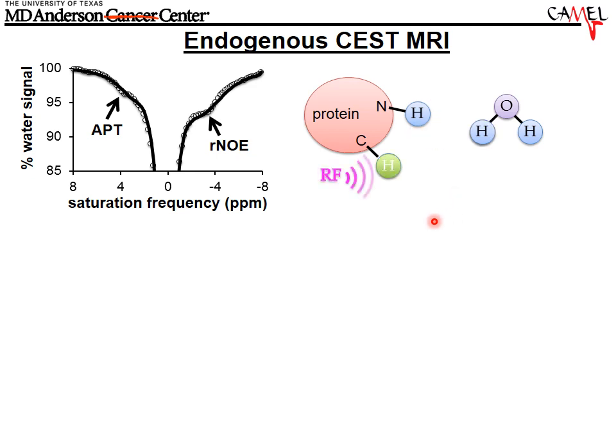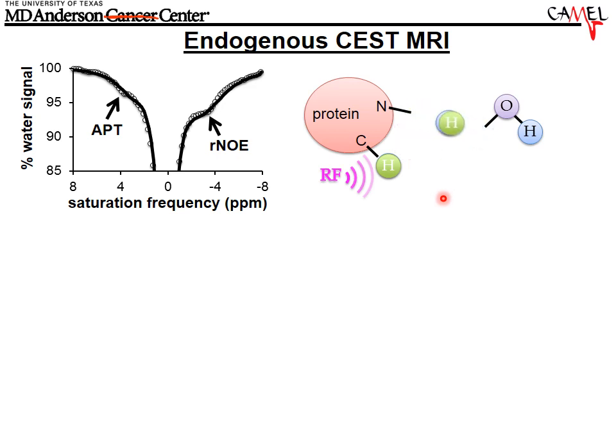We can also apply selective radio frequencies at the chemical shift of an aliphatic CH proton that cannot exchange with water, but through the through space transfer of magnetization known as the NOE effect, the amide proton nearby the carbon hydrogen proton, the aliphatic proton, does also become somewhat saturated.